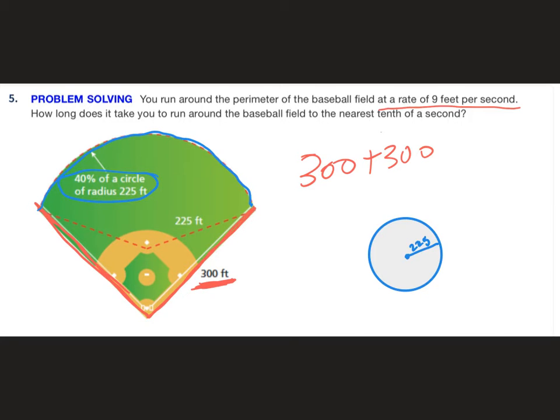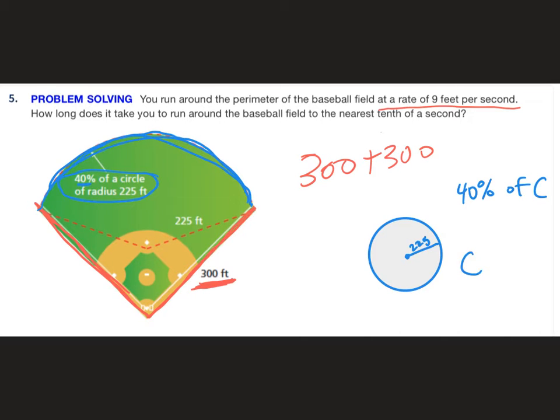So the radius of this entire circle. So if we figure out the whole circumference of this circle all the way around, well, the arc that we're seeing over here, this arc, is 40% of that. Okay? So basically we're just going to find 40% of this circumference, okay?